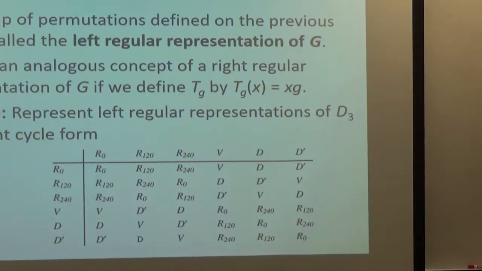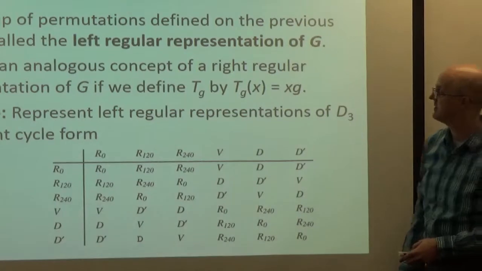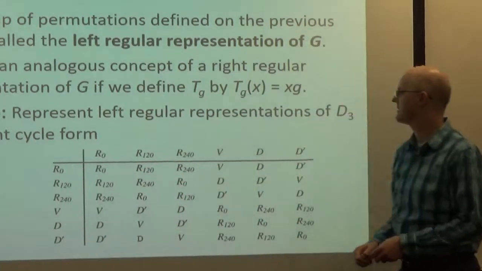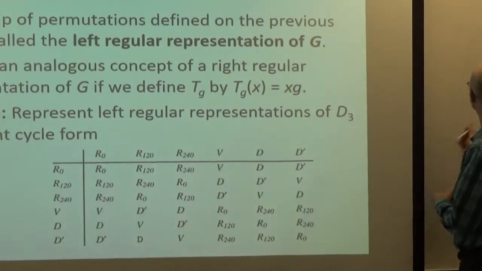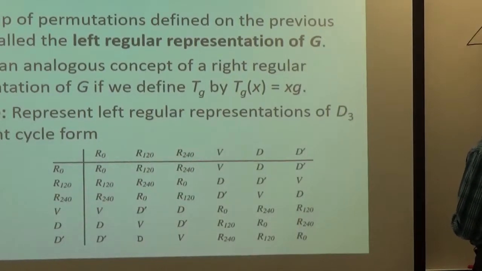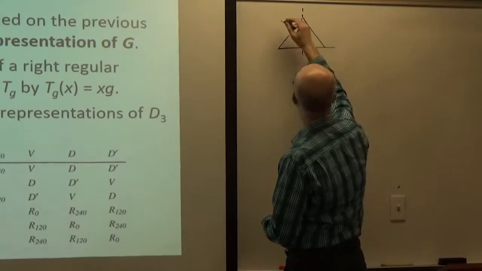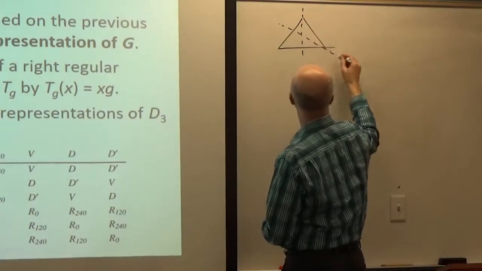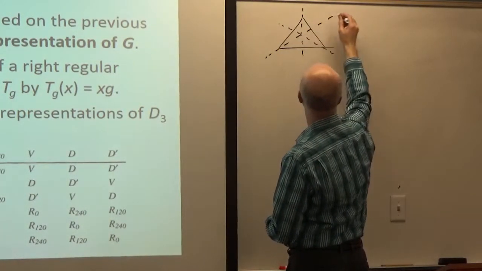A group with 6 elements: 3 rotations, although one of the rotations is really just the identity map, but you write it as R0 anyway, and the 3 flips V, D, and D prime. V is a reflection across the vertical axis of symmetry, D is a reflection across this diagonal, and D prime is a reflection across that diagonal.